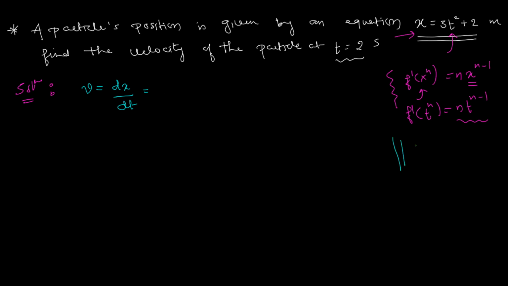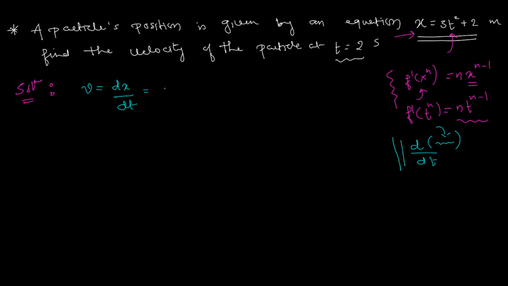Whenever you see d by dx for an independent variable of x, or d by dt of something, that means you're basically finding the derivative of whatever you have in this bracket, or whatever is multiplied with d by dt. So d by dt is just a symbol. I shouldn't actually call it a symbol, but whenever you see d by dt of something, that means you are finding the derivative of that something, right?